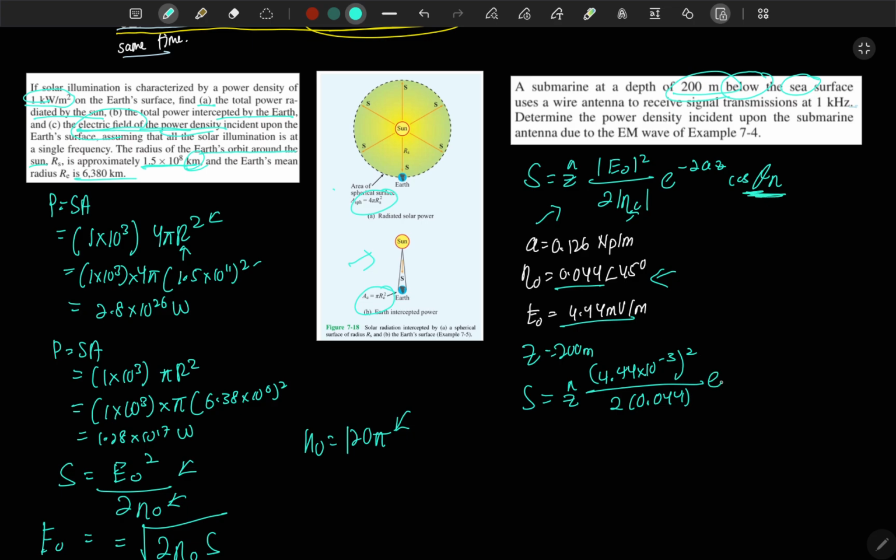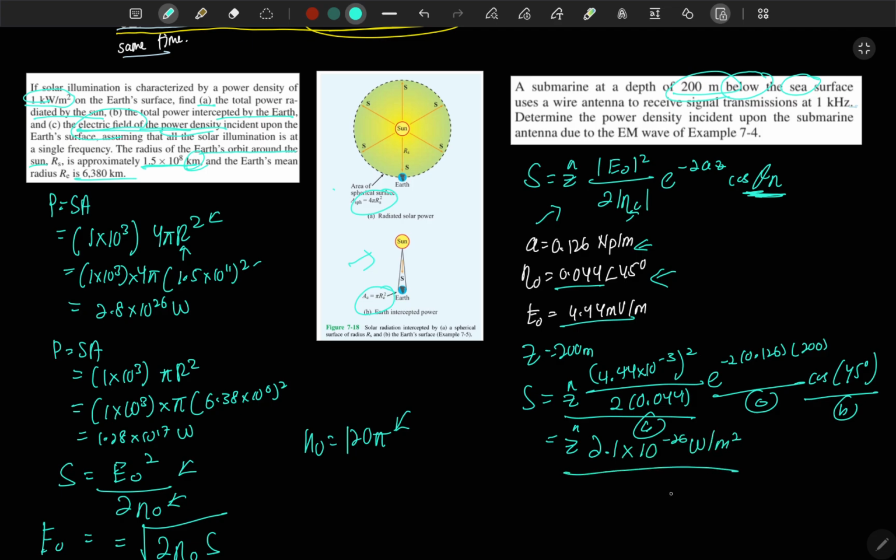Alpha was given as 0.126, and Z was given as 200 meter. Now cos, the angle is 45 degrees. So you need to solve this equation. You can type it directly in the calculator, or do this first as A, this as B, and this as C, and then multiply all together. So the final answer would be Z hat 2.1.